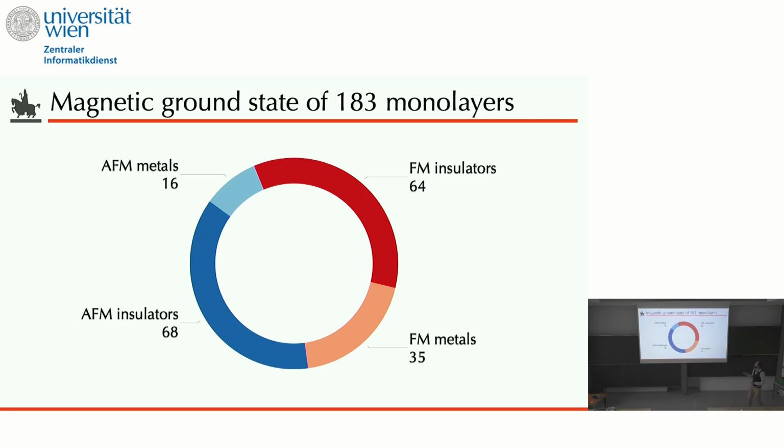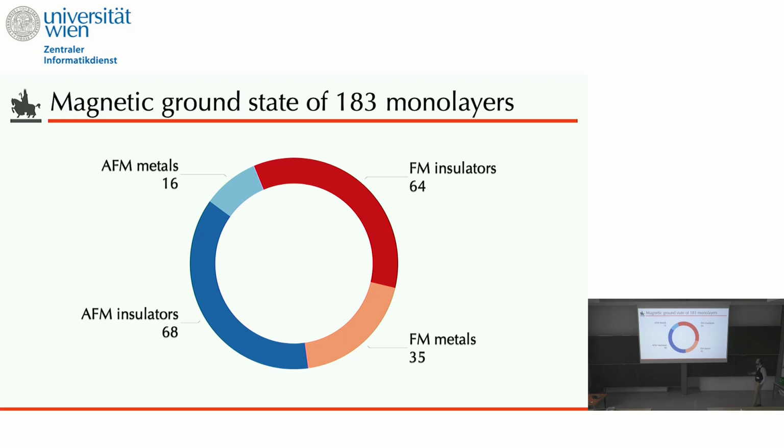And so we did calculations for 183 monolayers that are easily exfoliable, so they should be easy to obtain in experiments. And we get essentially half of them antiferromagnets, and almost half of them ferromagnets. And then within each class, we have an abundance of insulators with respect to metals.